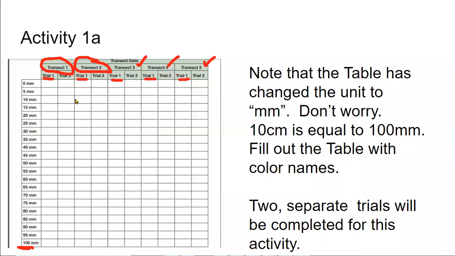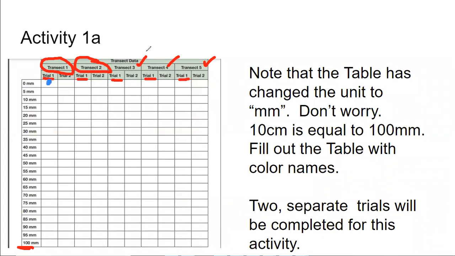So instead of writing out the name, I'm just going to indicate with a colored dot for the purposes of this walkthrough. Let's say the 0 millimeter mark, the exact front of the line, is going through blue. Then you want to indicate there that it was going through blue.